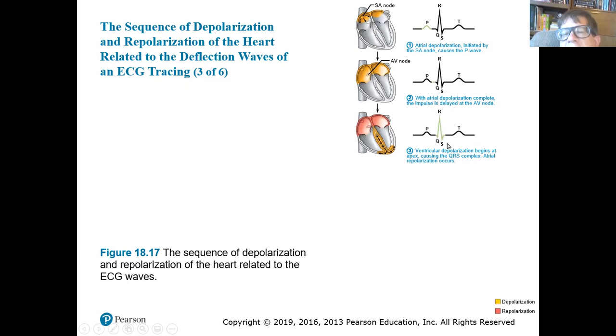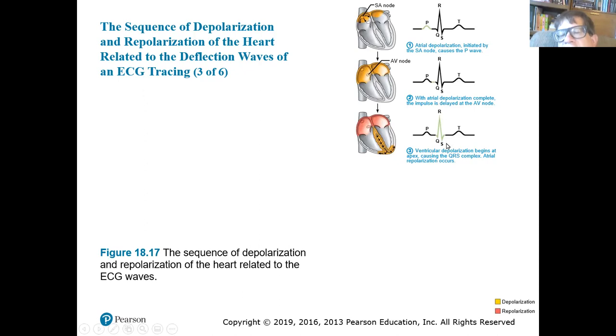Then QRS, we have two things happening separately. We have the repolarization of the atria. They've already contracted, and now they are pumping all the ions back where they were at rest. But you can't really see that very well because the much bigger ventricles with their much larger amount of muscle, they are now depolarizing, which is this yellowish orange signal still.